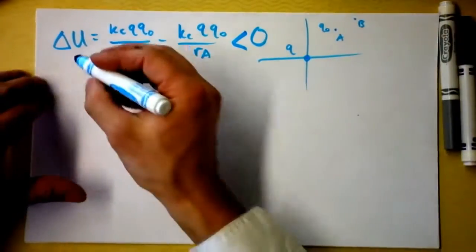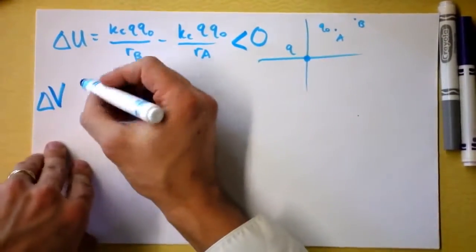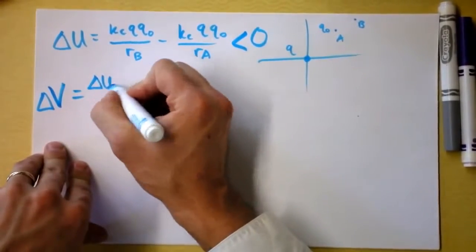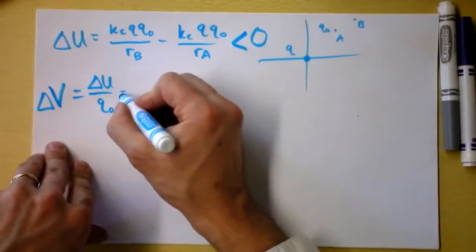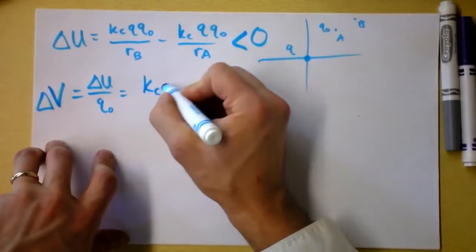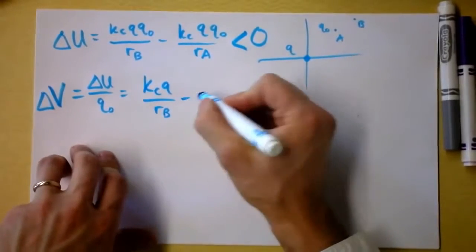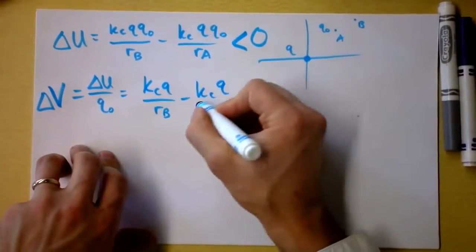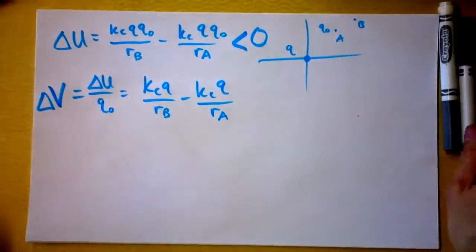Reasonable, I think. And now we know that potential, let's be explicit, the change in potential is the change in potential energy divided by charge, and we're going to divide by Q0 to do this. So that's simply Kc q over Rb minus Kc q over Ra. Ooh, interesting.